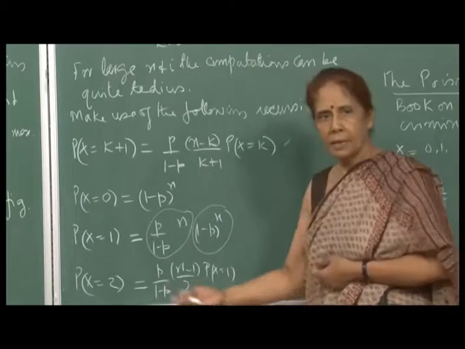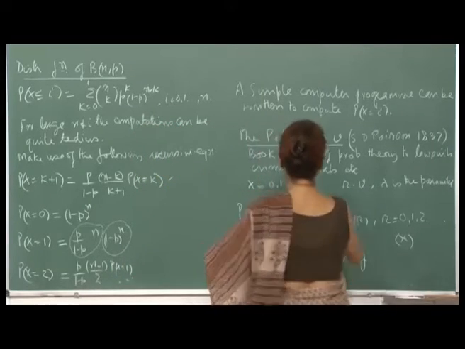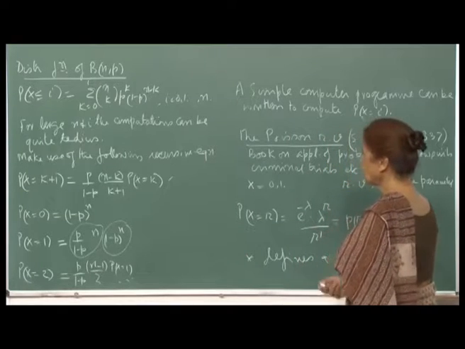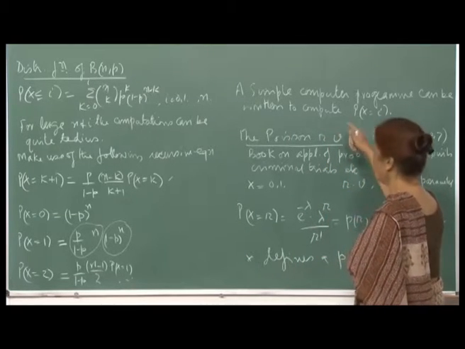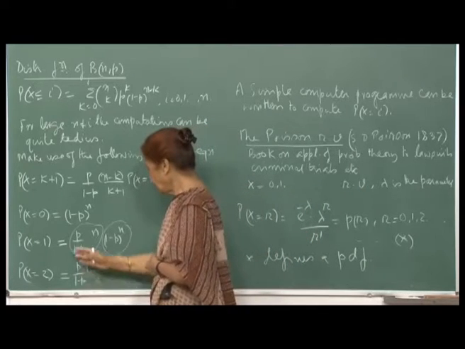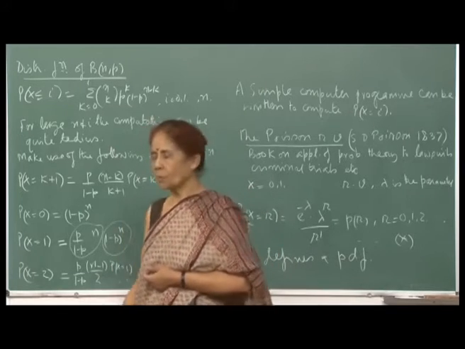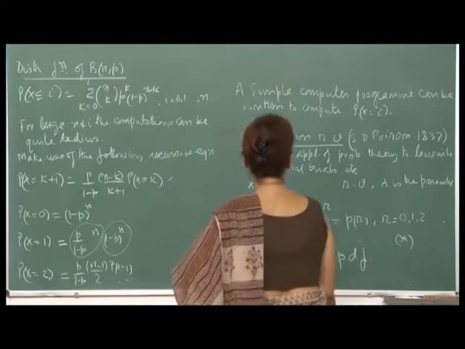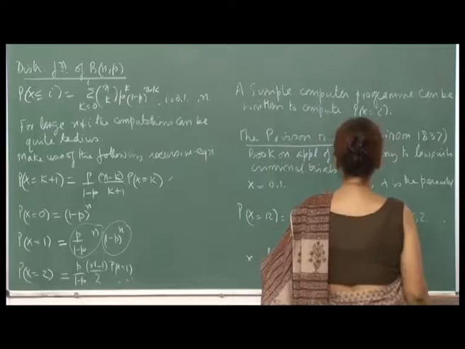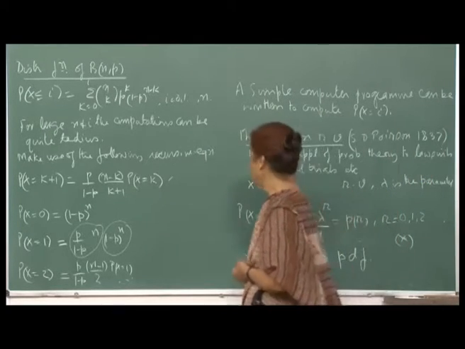So, a nice simple recursive formula that you can write as a computer program: feed the values n and p, and then it will compute the successive probabilities for you. This is the computational part, because otherwise things can become very tedious.